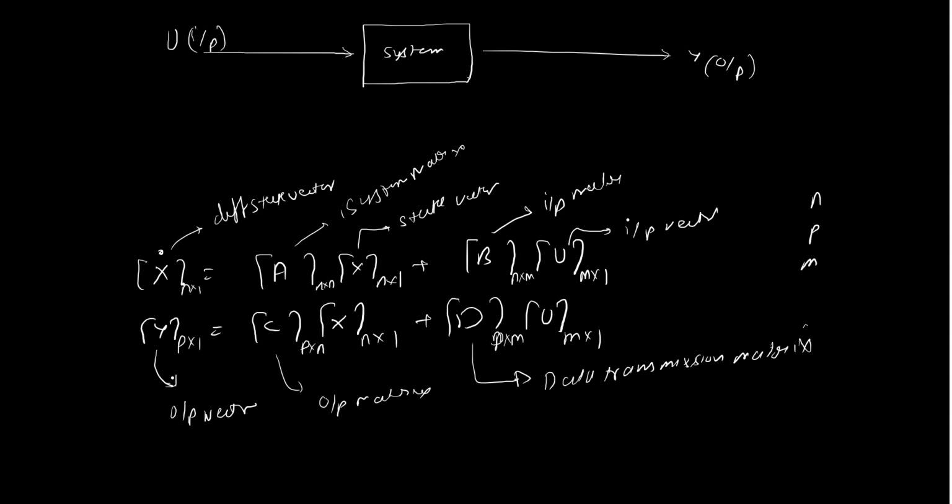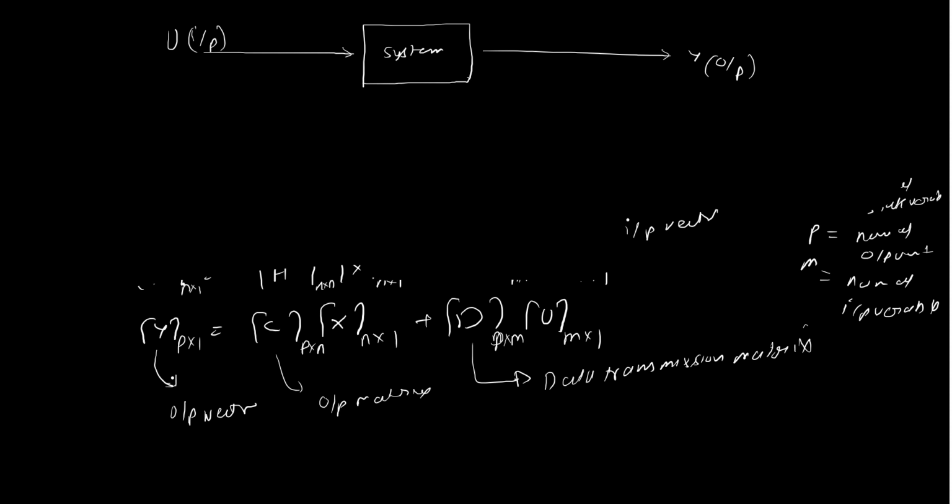So what are n, p and m? That is also important here. The n is the number of state variables, p is the number of output variables, and m is the number of input variables. Okay, so we're going to define this part.